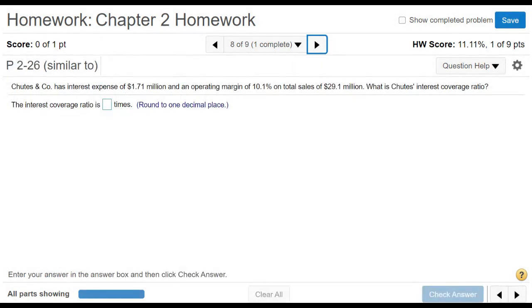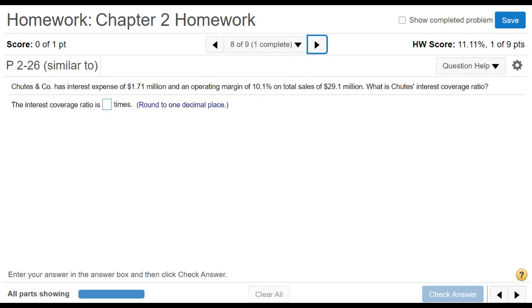Okay. This is the interest coverage ratio. And the formula for this is the operating margin times sales divided by the interest expense. So we're going to say 0.101 times 29.1 divided by 1.71.